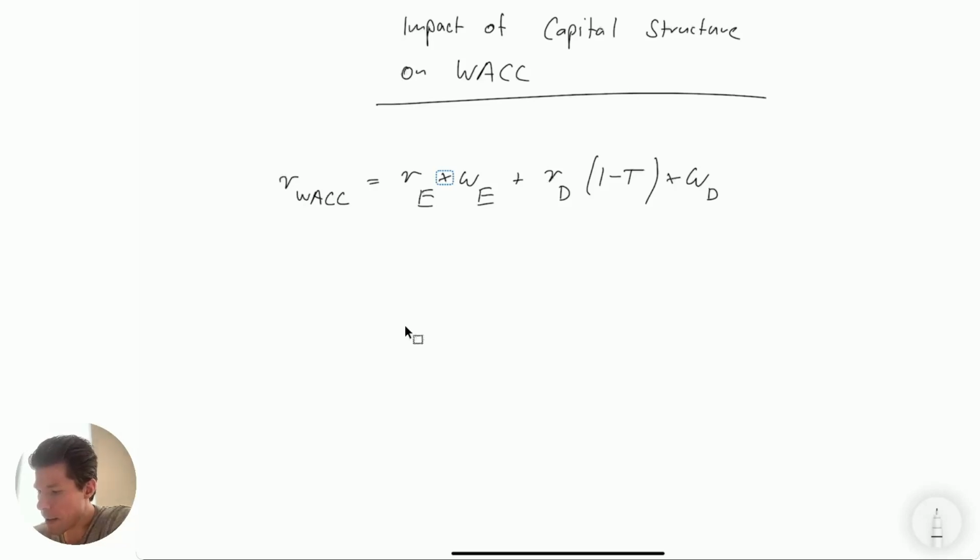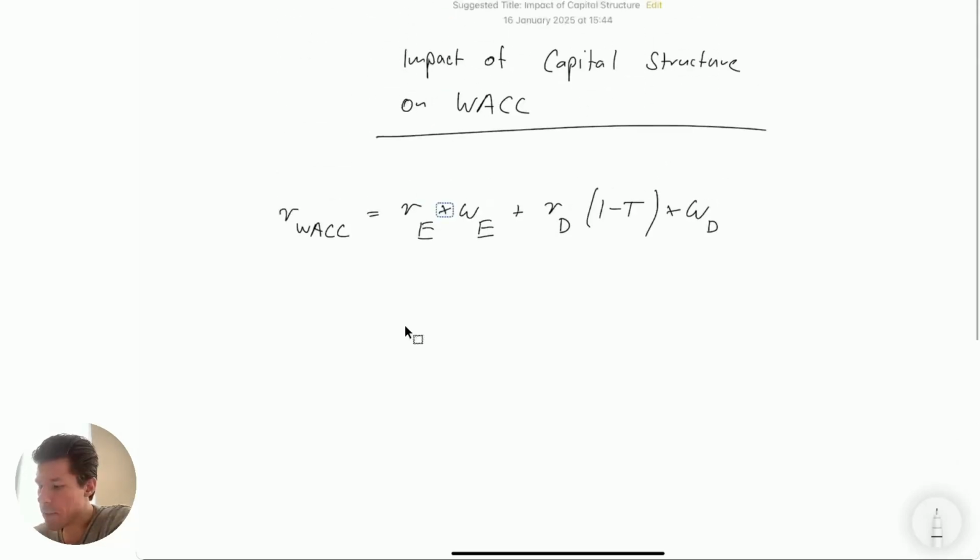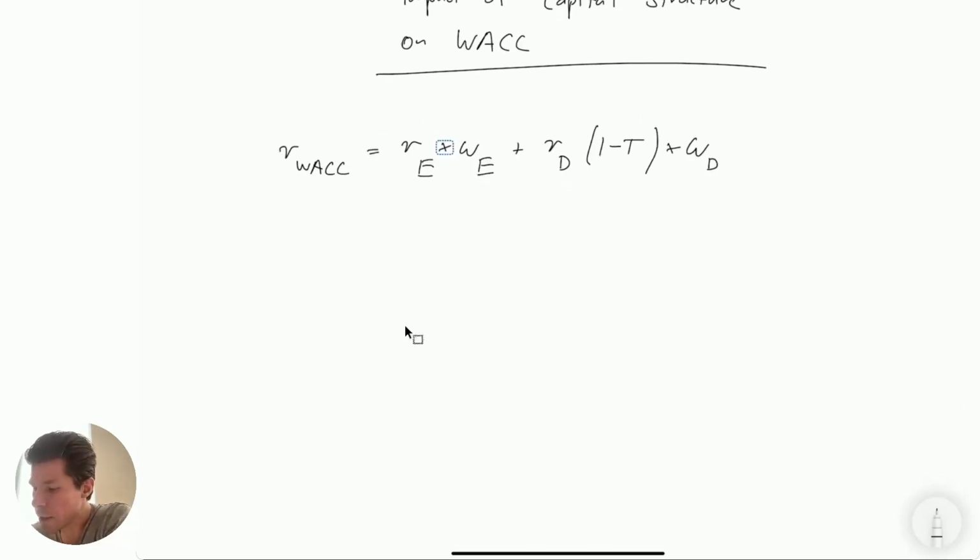Weight of equity is basically the equity portion over your entire right side of the balance sheet, E over E plus D. Usually, it's not right to say the entire right side, it's mainly the equity and long-term debt portion that affects the capital structure.